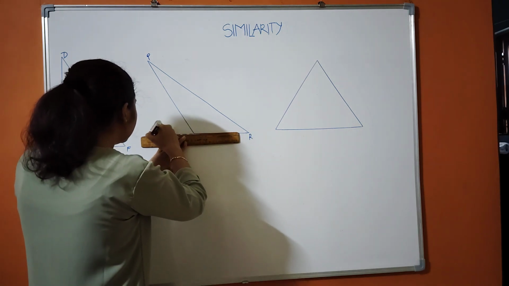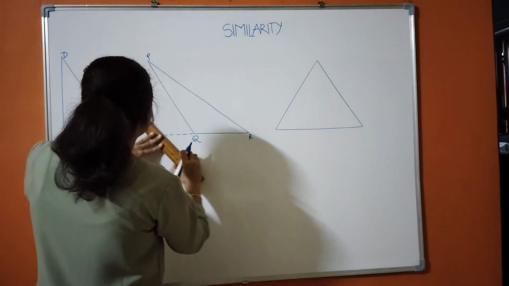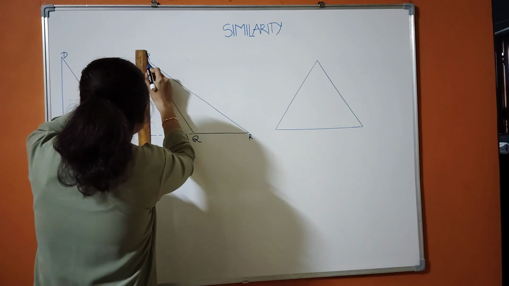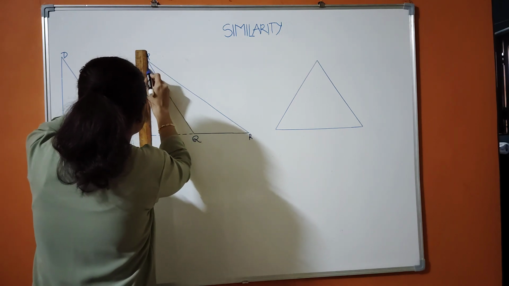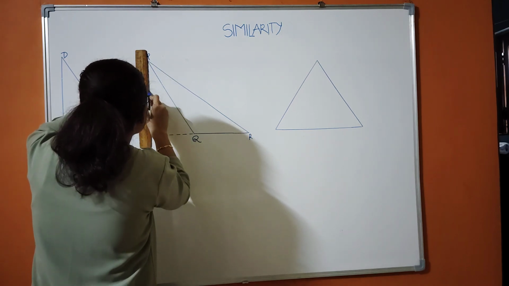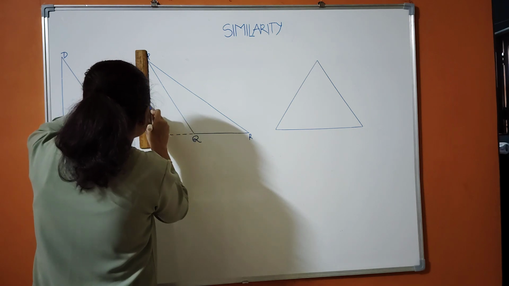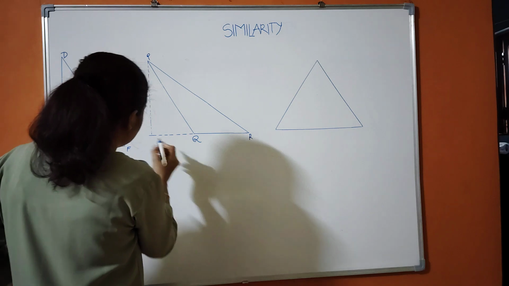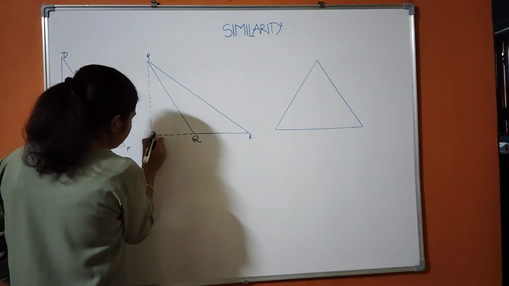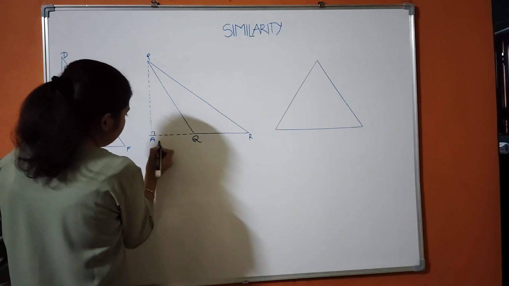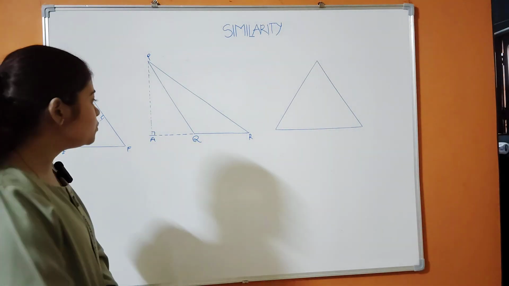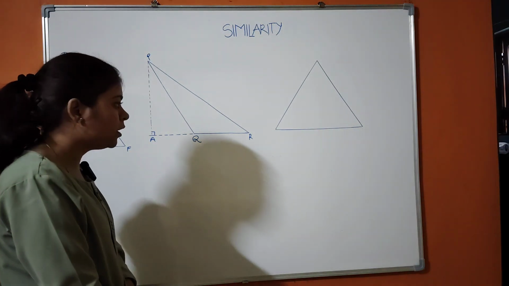Then we draw the perpendicular from point P to the base QR. A is the height of the obtuse angle triangle PQR.